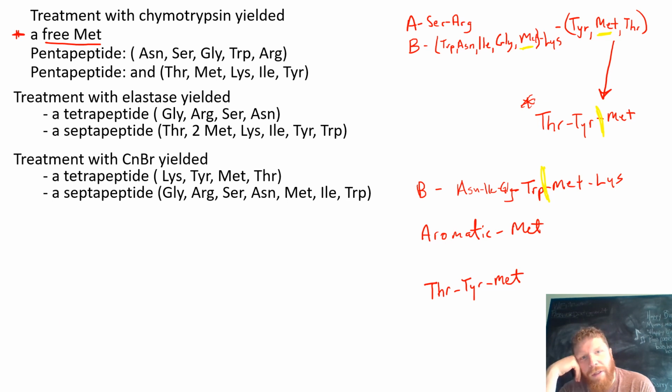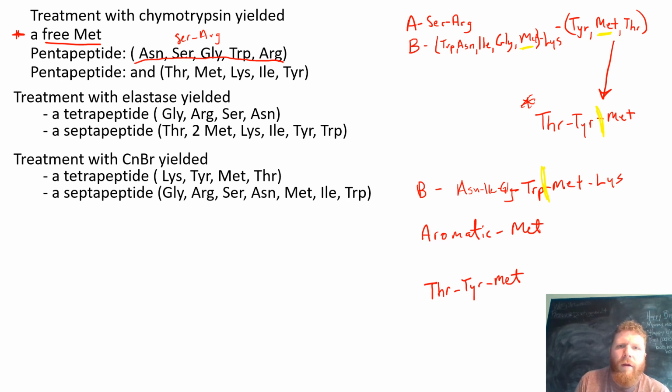Our other two results say that we have an asparagine, a serine, a glycine, a tryptophan, and an arginine. So one thing that we can do with this is we can say, well, we know that whenever we cut with our trypsin, the serine and the arginine were back to back, SER, ARG. Okay.